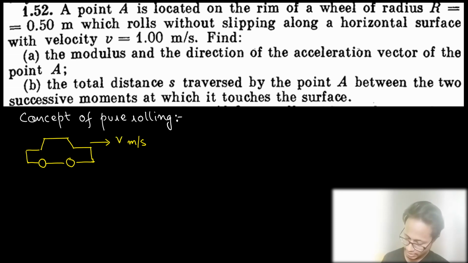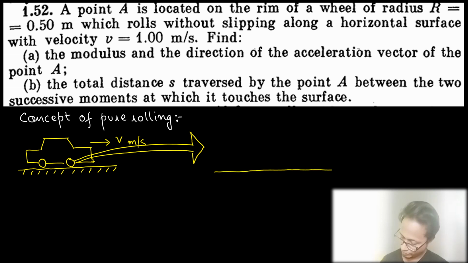The problem is, the wheels of the car are rolling over the road. Now, when you analyze these wheels, we'll just analyze the motion of these wheels along the road. In pure rolling, what happens? The wheel does not slip on the road. That means this point does not slip on the road.